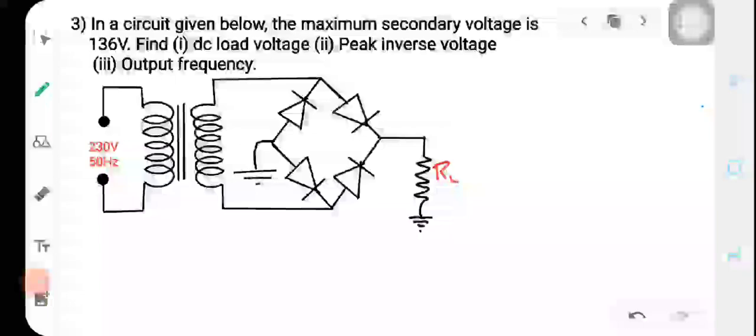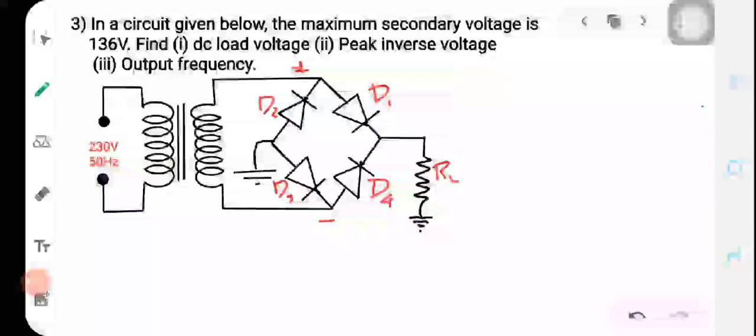You know that during the positive half cycle, if we name these diodes D1, D2, D3, D4, then you can see that D1 and D3 are forward biased if this end is positive and this end is negative, and D2 and D4 are reverse biased.